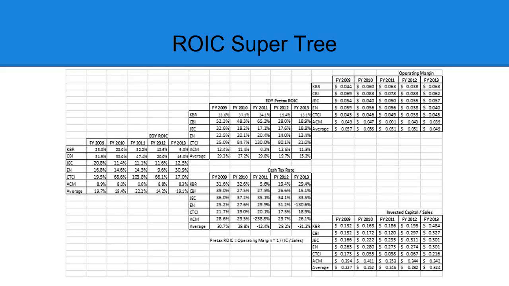In terms of the industry, if you look at the last line, we calculated the industry average by weighting each competitor by how much of the market share they took up. It doesn't seem that there's a particular correlation between any of the three determinants, and I believe this is because each company has different clients.